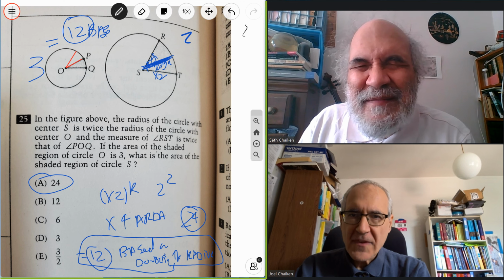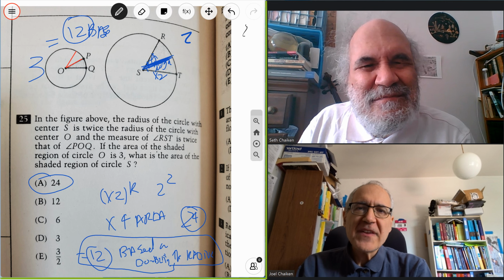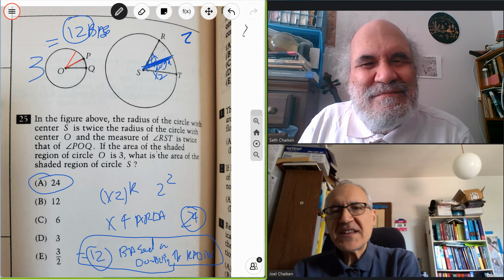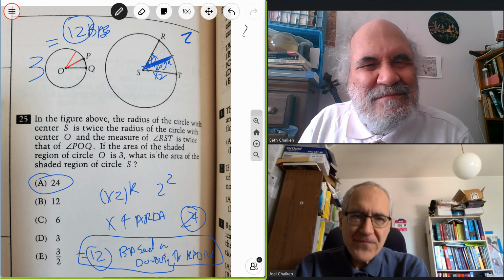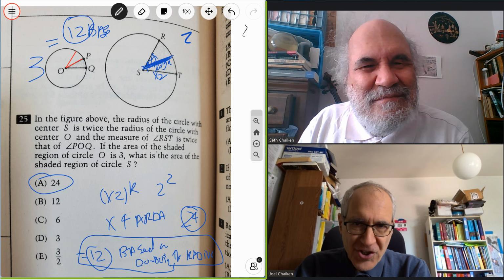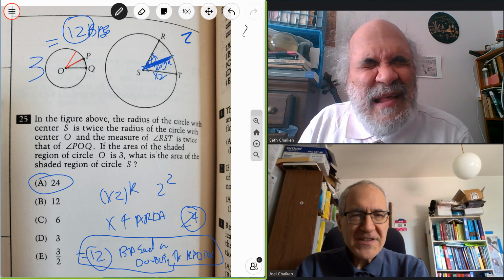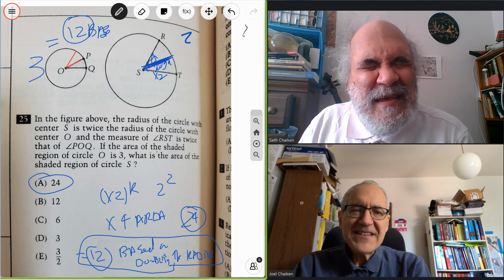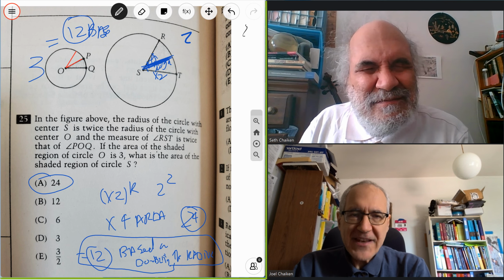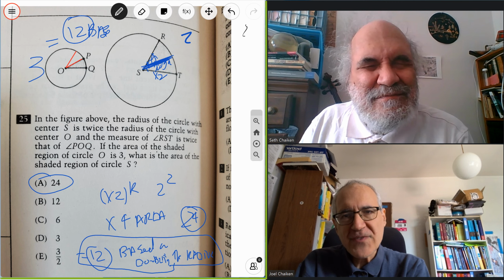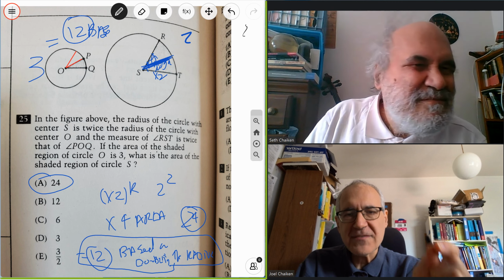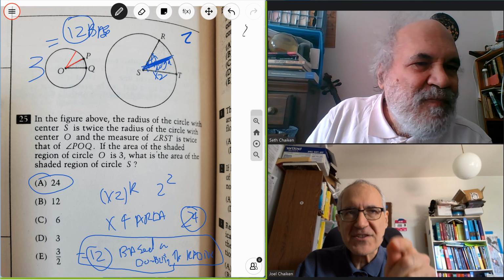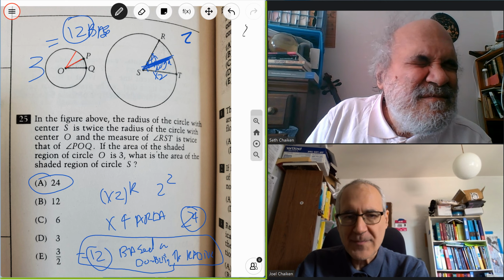Right. So in this question, I think we talked about it the other day, the difference between completely understanding something from fundamental principles and just knowing what to do in a specific situation. In this situation, if you double the dimension of a geometric figure, the area goes up by the square of that factor and the volume goes up by the cube.